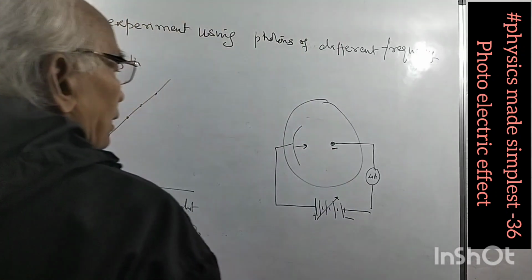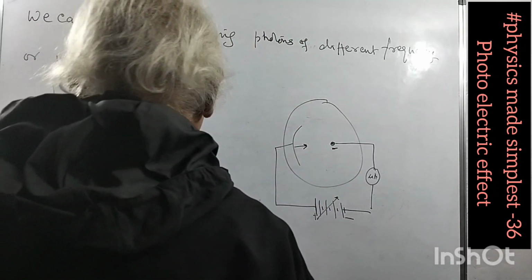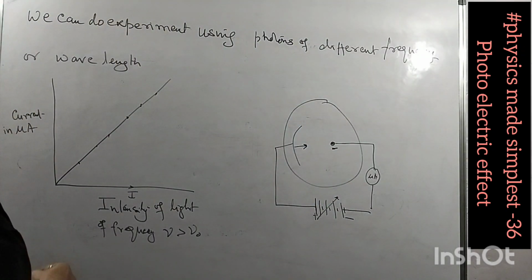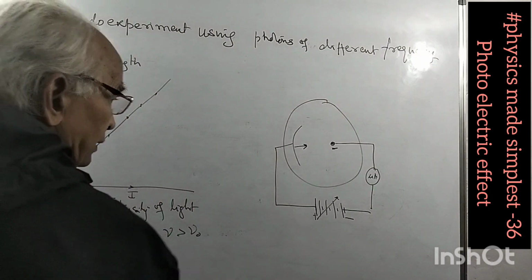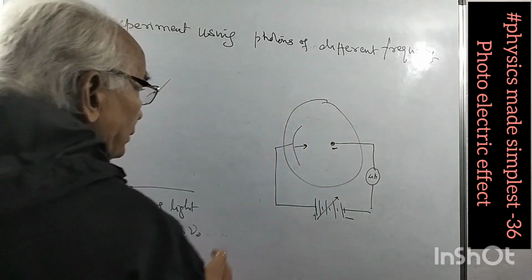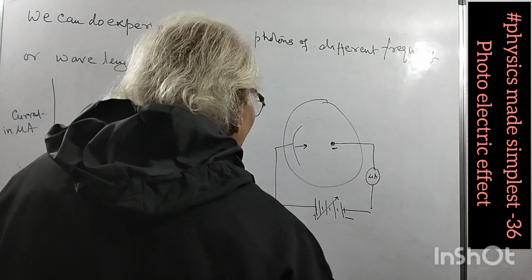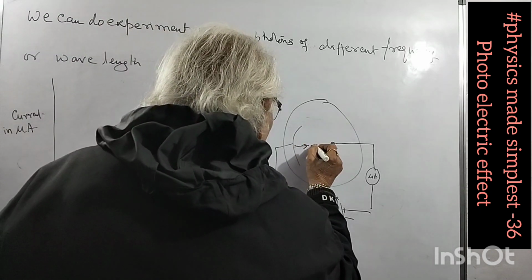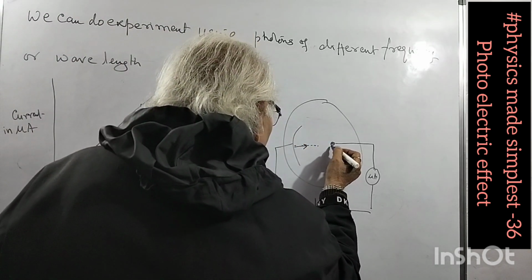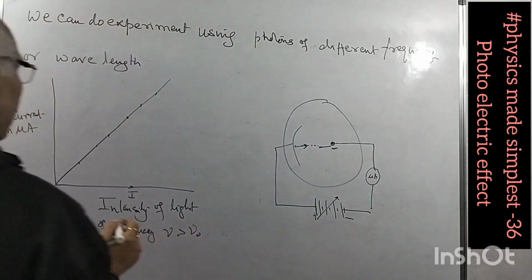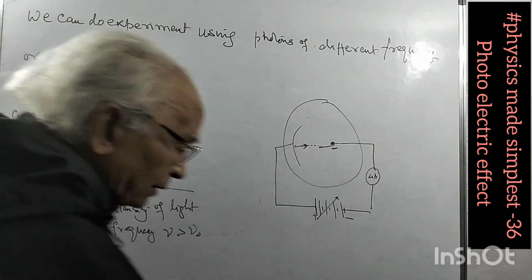Means electrons are coming out from here, but by the negative potential they are stopped. So that is one experiment that can be done.